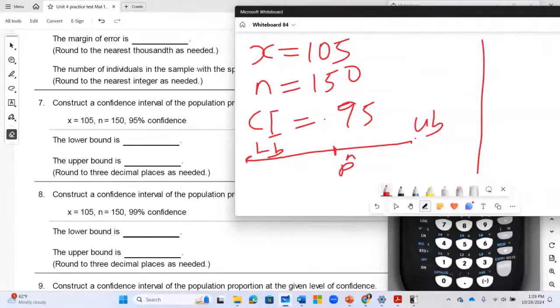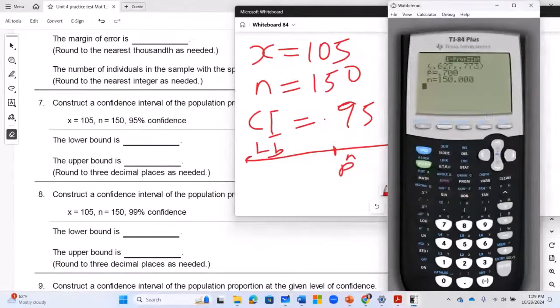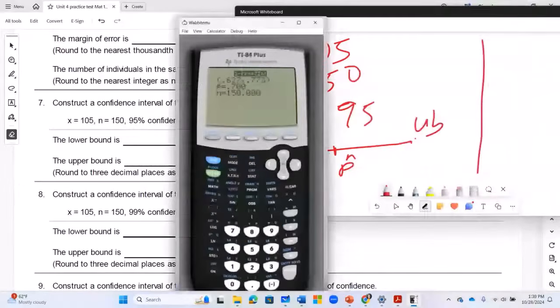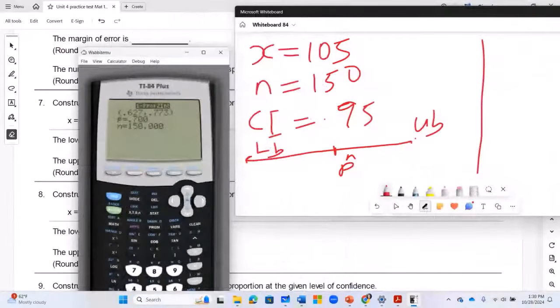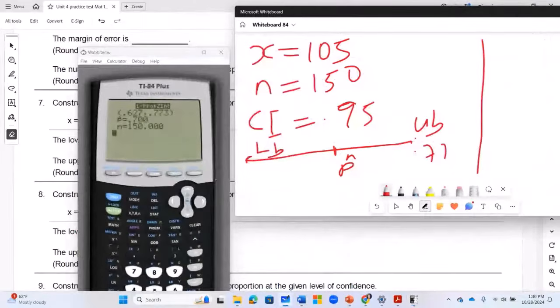The upper bound is 0.773. The lower bound is 0.627. And then P hat is given to me as 0.700, or 0.7.